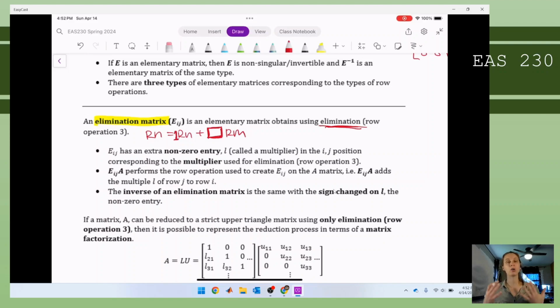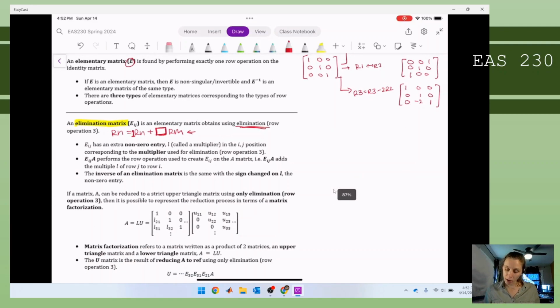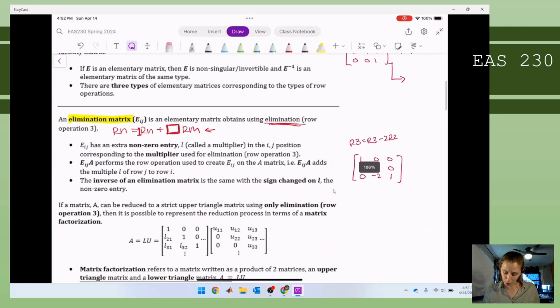So when we're talking about using just elimination, just row operation 3, it has to follow this form, where it's a row, we are replacing it by adding it to some multiple of another row. We cannot multiply the row we're replacing by a constant. So note I got this elimination matrix here by doing this row operation.